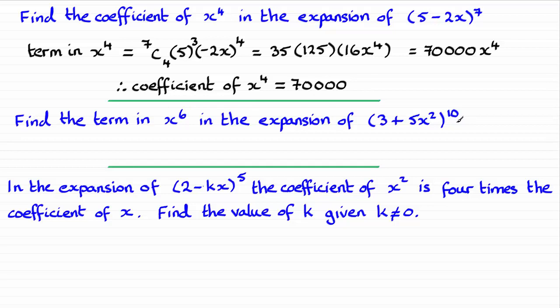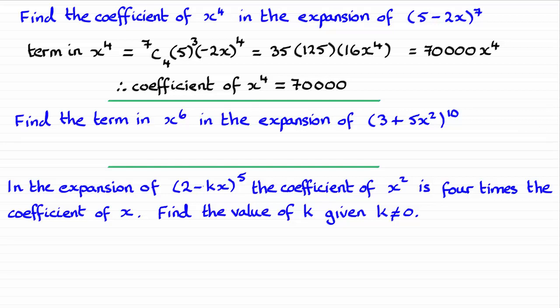Now I did suggest that you have a go at this one. I've picked it because you've got to take a little bit more care on it. So when it comes to working out the term in x to the 6, we've got to look at 5x squared. If we're going to get an x to the power 6, we've got to cube the 5x squared.